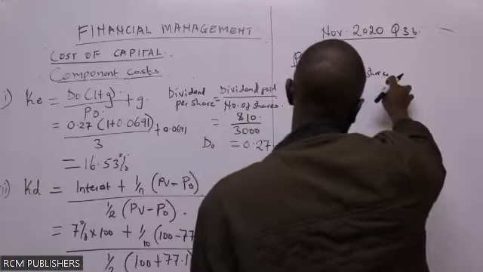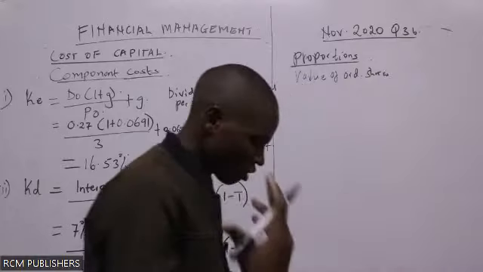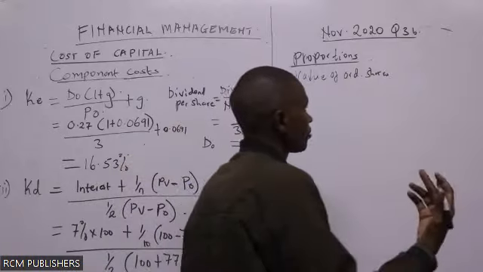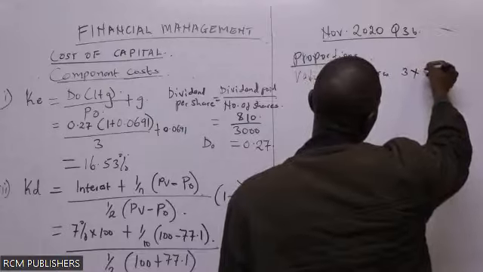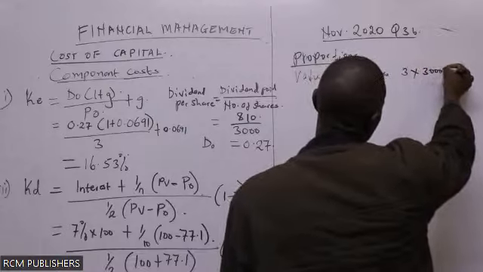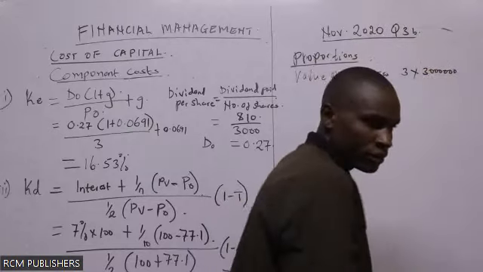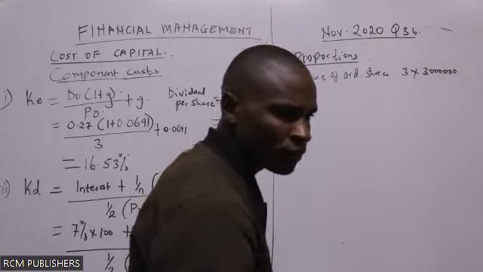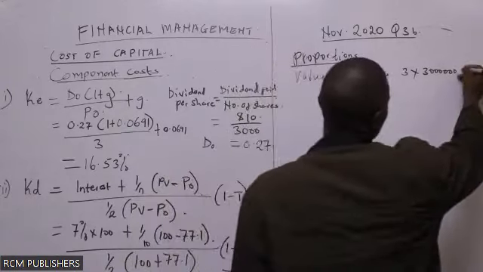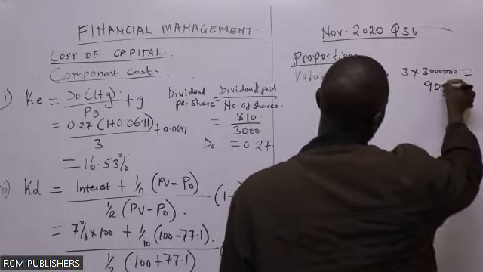To get the value of ordinary share, you get the market price times the number of shares. Market price was 3 million times number of shares, 3 million as well. So my value of ordinary share will be 9 million.